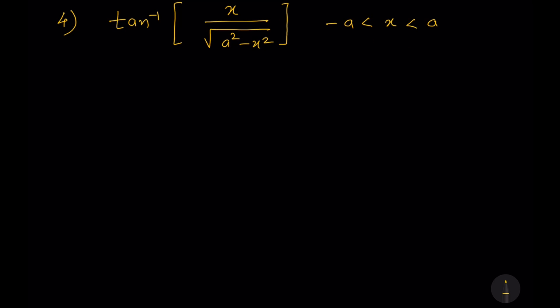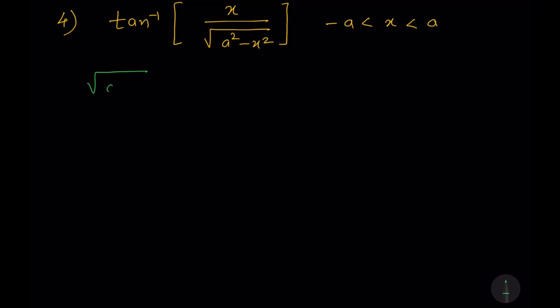Now whenever we come across such expressions, our aim is to get tan inverse of tan. If it is sin inverse outside, we'll try to get sin inverse of sin. If it is cos inverse, we'll try to get cos inverse of cos. So whatever expression is given inside the bracket, we will try to express it in terms of tan.